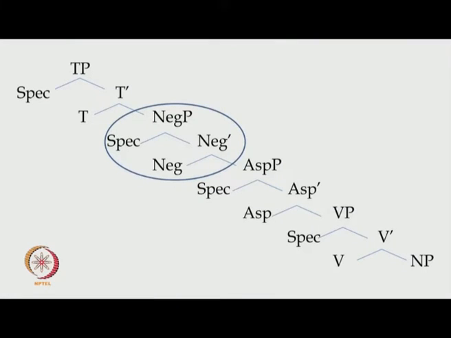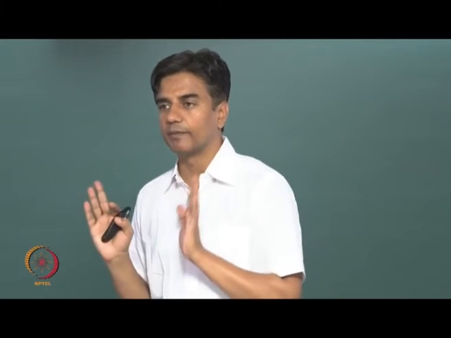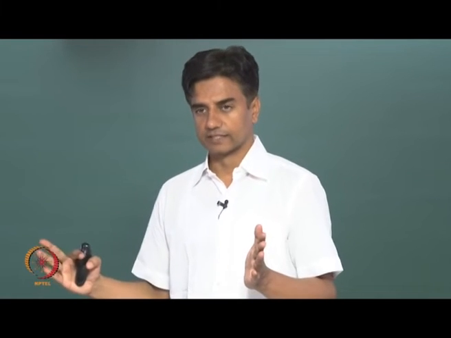Whether we start a node here, whether we start the structure with an IP, or a TP or an AGRP, either way, and I hope you understand what I mean when I say AGRP, TP or IP in different frameworks.